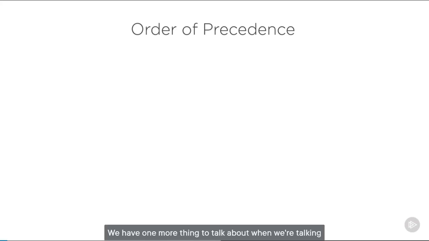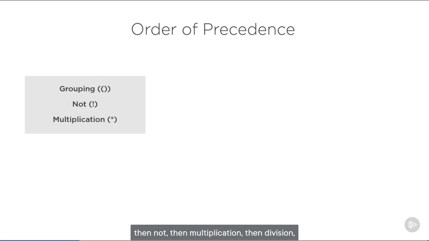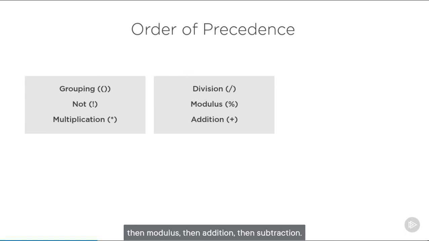We have one more thing to talk about when we're talking about all the different operators, and that's order of precedence. So which order things get evaluated in when you have a big, long, complicated expression. Obviously grouping first, so you can group things by using parentheses, then not, then multiplication, then division, then modulus, then addition, then subtraction.